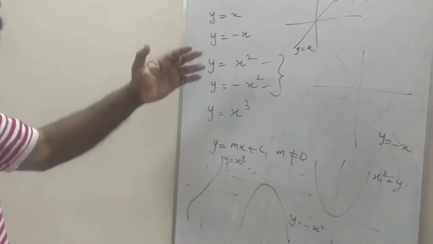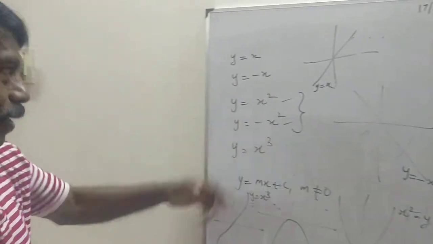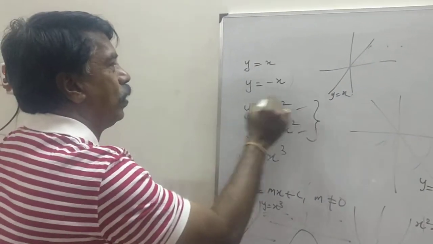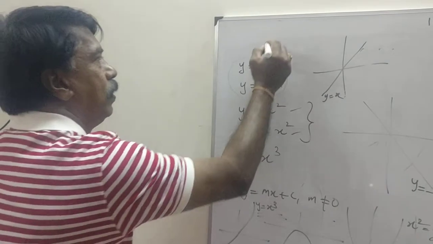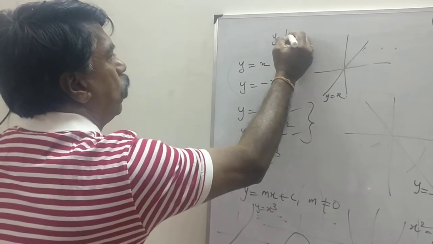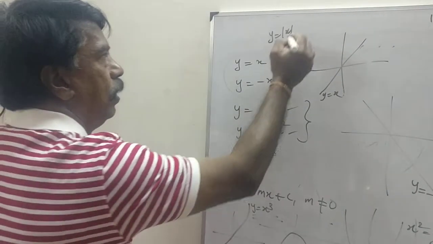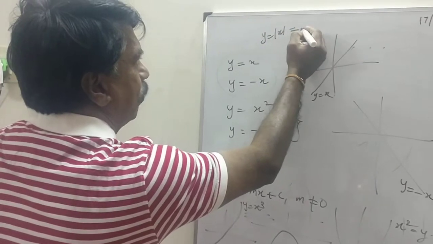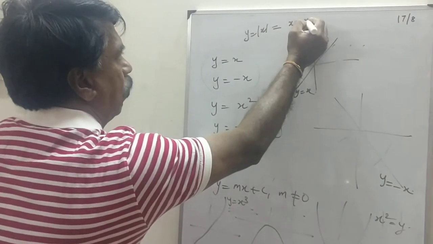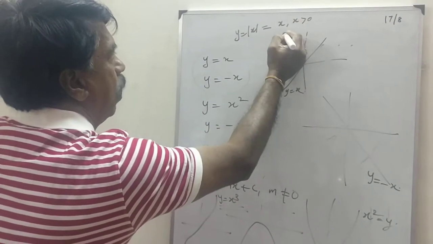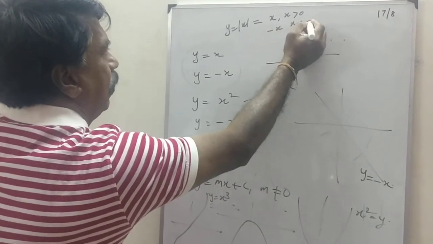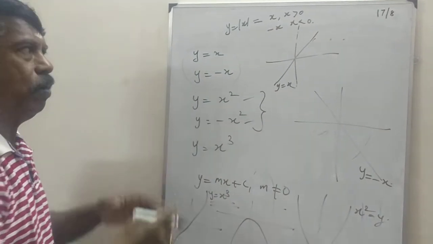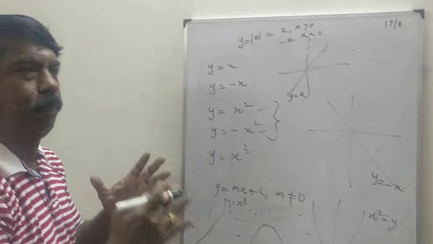Apart from that, we have one more function, that is modulus x. Combining these together, we get a modulus function, that is y equal to modulus x. What is y equal to modulus x? This is x for all x greater than 0 and minus x for all x less than 0. That is, modulus of a number is always positive.